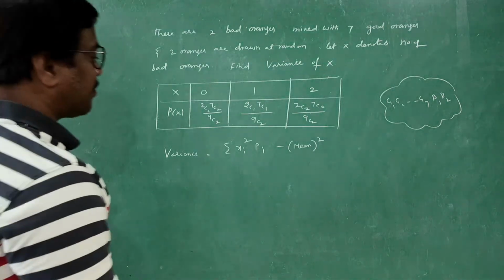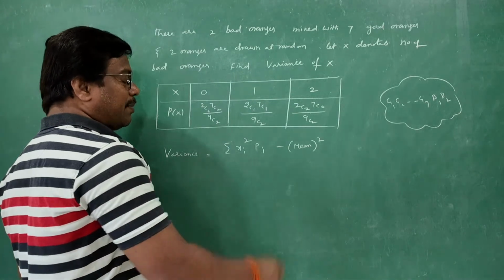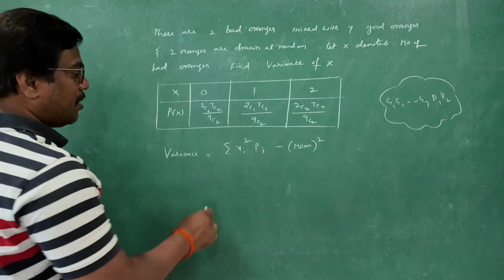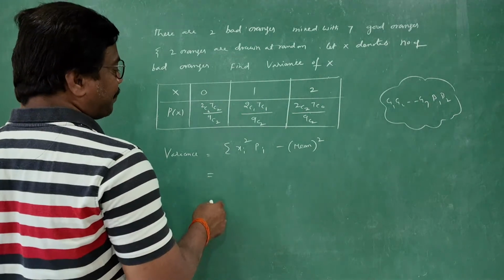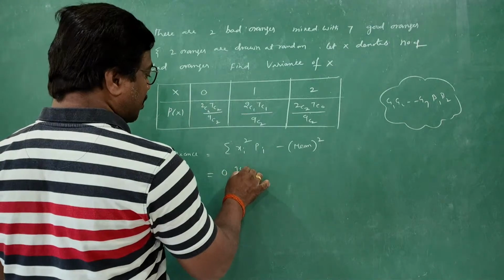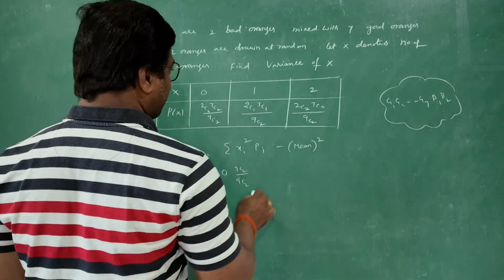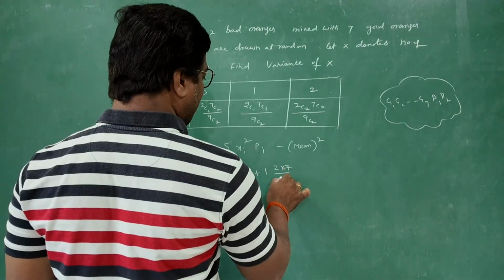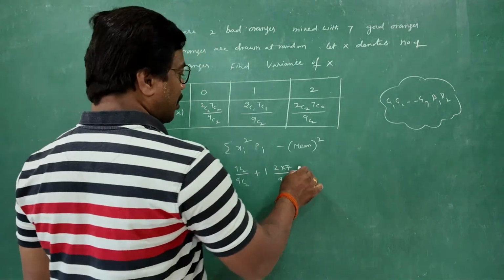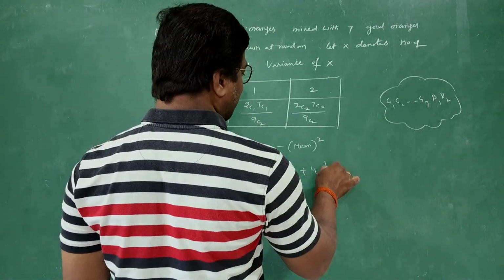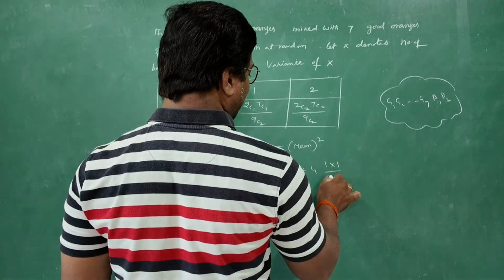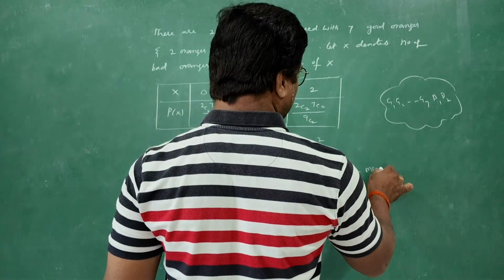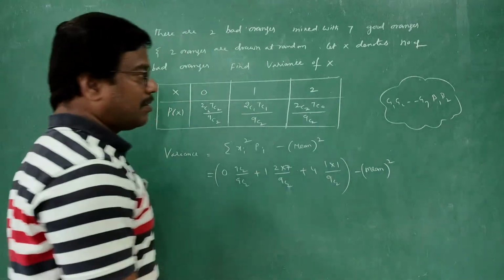Summation xi square pi divided by summation pi. Summation pi value 1 minus mean square, right? What we get? 0 into 7C2 by 9C2 plus 1 into 2 into 7 by 9C2. Next plus 4 into 2C2 value 1, 7C0 value 1 divided by 9C2 minus mean square. Okay.